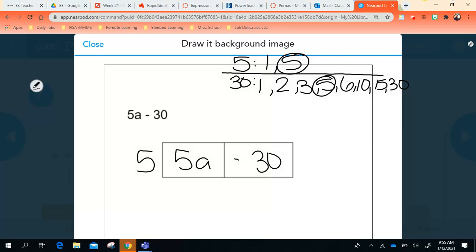But what we're trying to do, remember we did that clearly, number on the outside, something else on the inside. So this here has to be a parentheses.